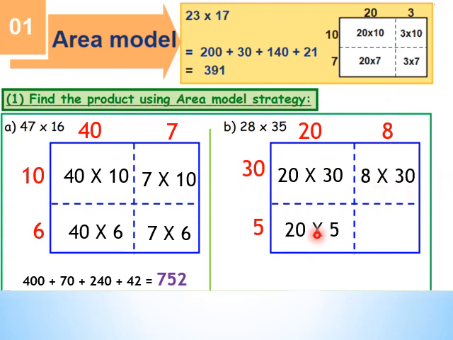The area of this rectangle is 20 by 5, and here I'll say 8 by 5. Let's multiply them and add all the products together. So 20 by 30 equals 600, 8 by 30 equals 240, 20 by 5 equals 100, and 8 by 5 equals 40. When I add them all together, the product will be 980.